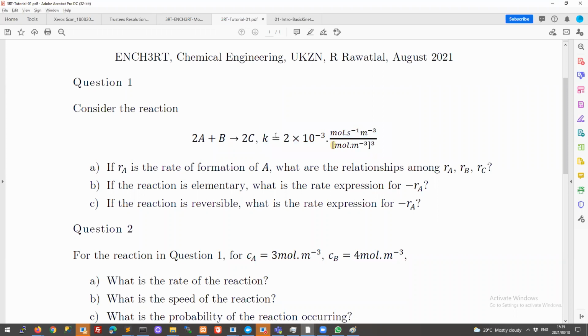Okay, so now we want to know what's the relationship among these three rates. So maybe just take 30 seconds and write out for yourself what you think the relative rates are.